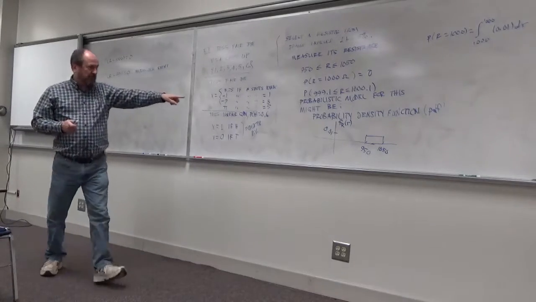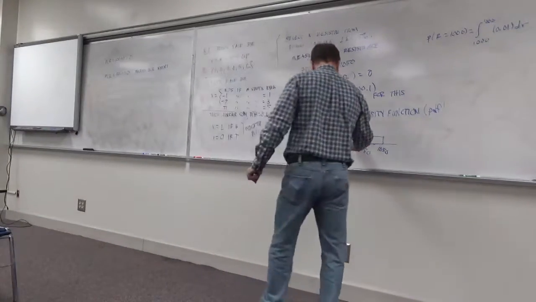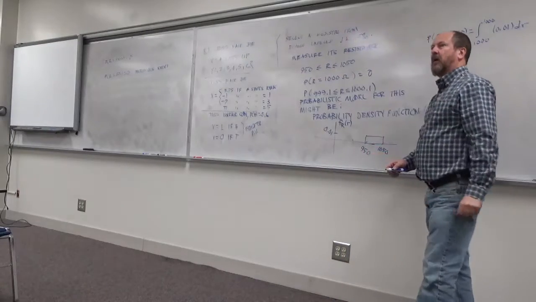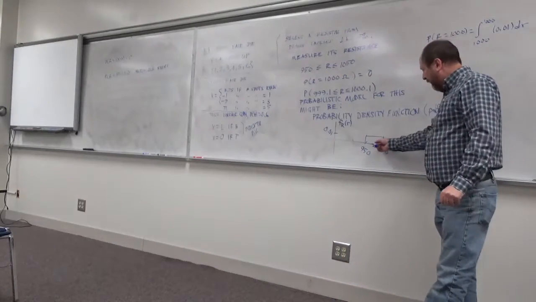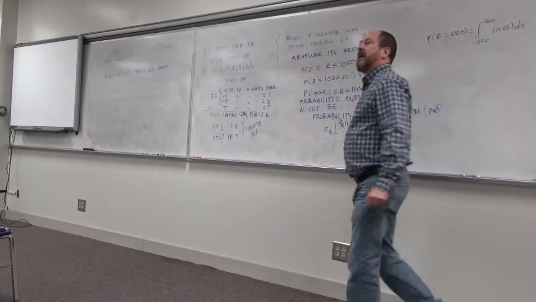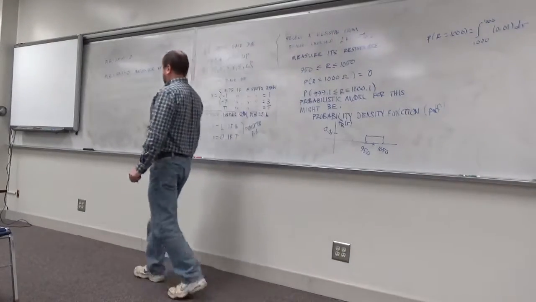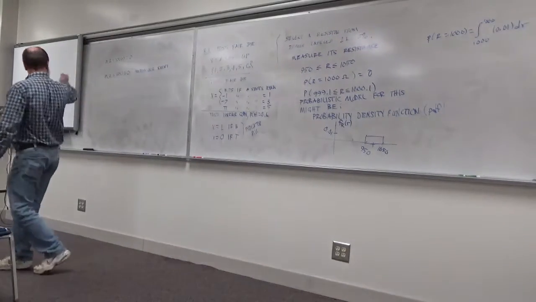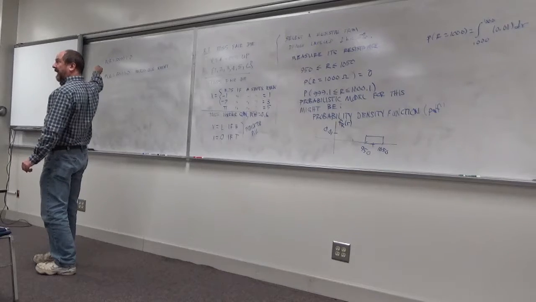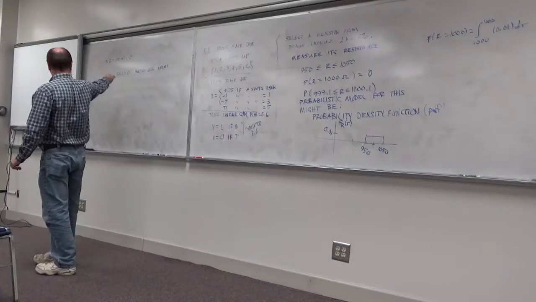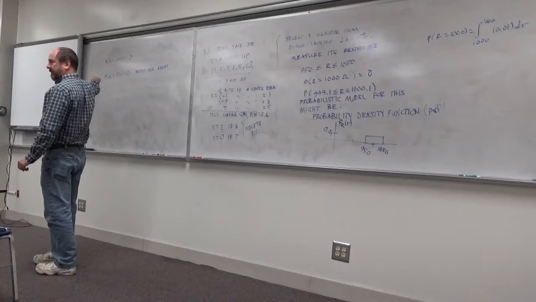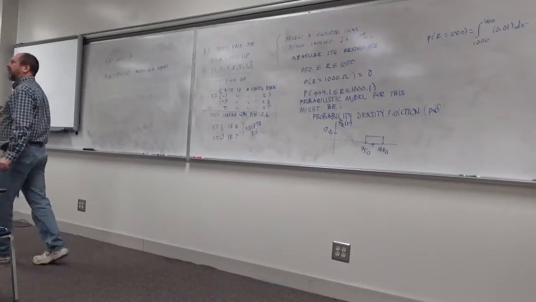Because that density function at 500 is over here, and that density function is 0. That can never happen. 1,000 is right there. It just happens with 0 probability. It could happen. Okay, it absolutely could happen. It's just going to happen with 0 probability. This one can never happen, ever, and so that's called the impossible event.